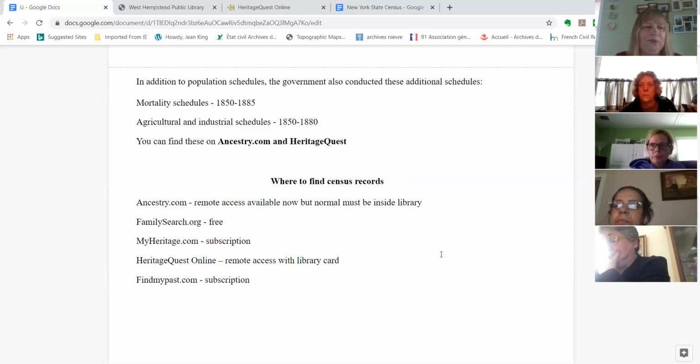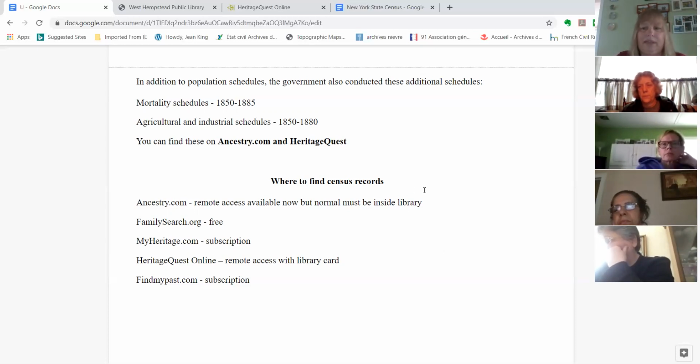So I used to go back and forth between Ancestry and FamilySearch if I couldn't find somebody, hoping that a different indexer might see the name a different way. So that's one reason to check different websites if you can.